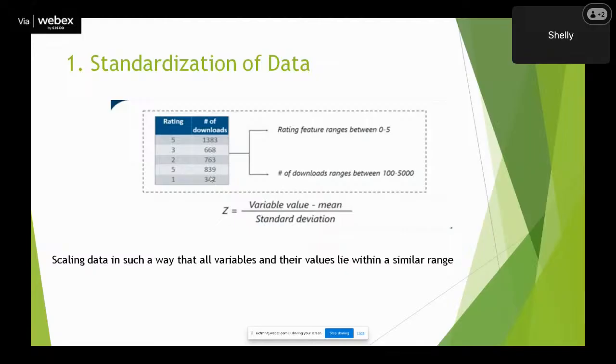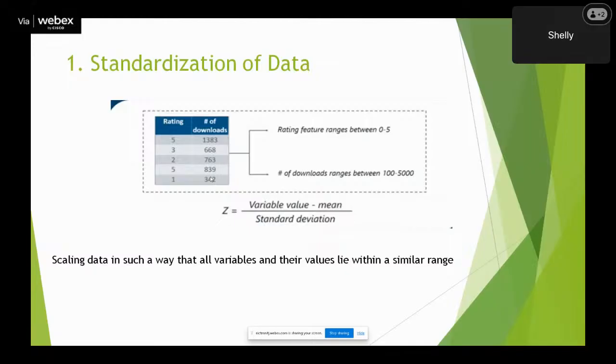So how will you do that? There's a generalized formula: variable value minus mean, divided by standard deviation. For the number of downloads, instead of ranging from 100 towards 5,000, you are trying to bring it into a similar range, and that is why you scale the data.